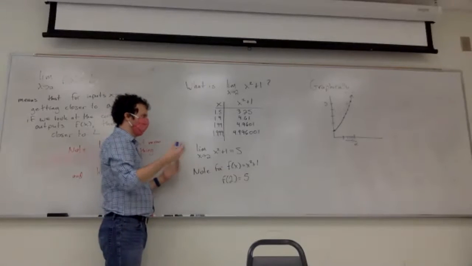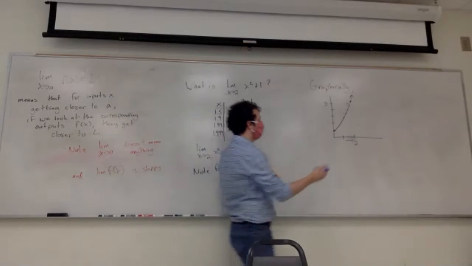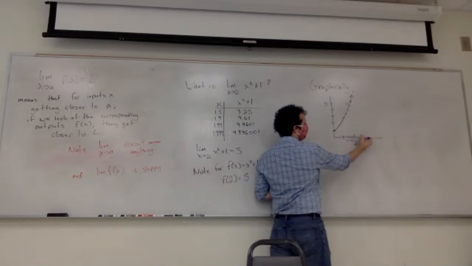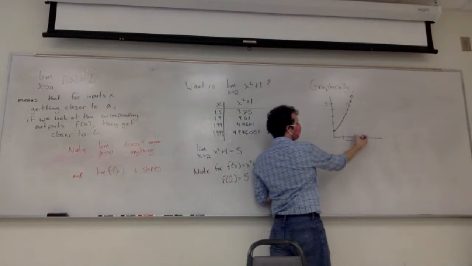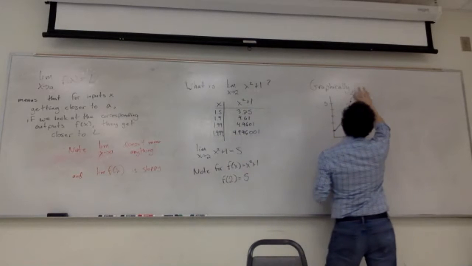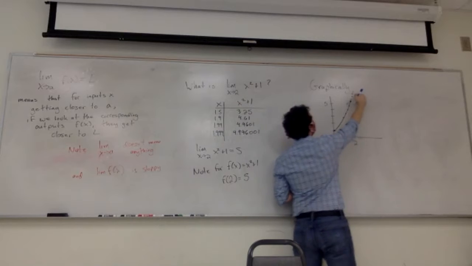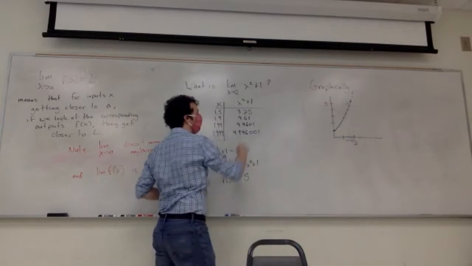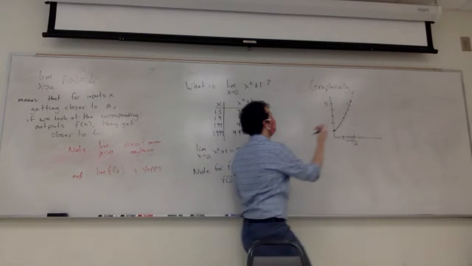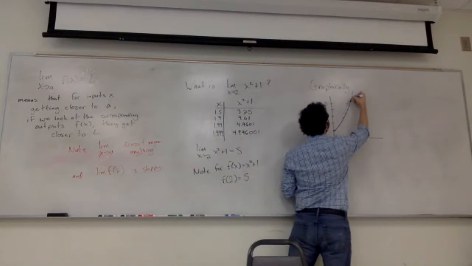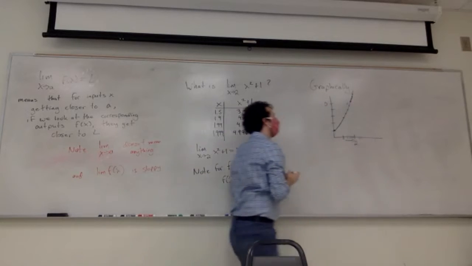Graphically, if we pick some x's over here, a little bigger than 2, we get some points on our graph that are on the right side of our point, further up the parabola.